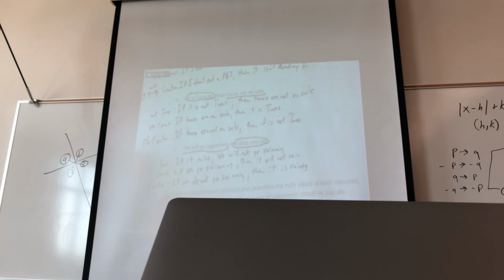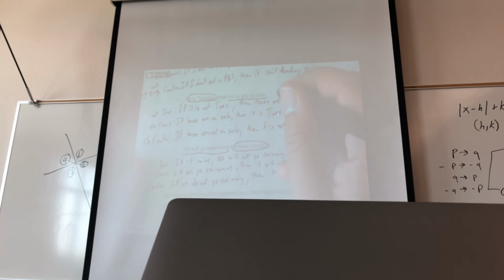Letter B, if it is Tuesday, tacos are on sale. This is true, especially depending on the restaurant, but we'll just say for now, it is definitely true. We can use Fuzzy's or Taco Cabana or Rosa's as our example of tacos being on sale on Tuesday. If it is not Tuesday, then tacos are not on sale. This one is not true.